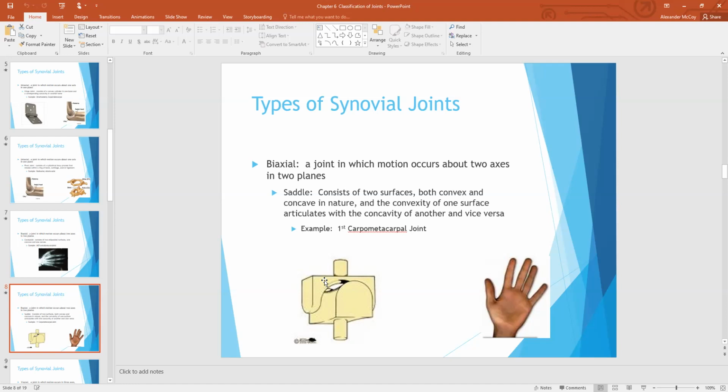As you put that saddle on your horse, your saddle is going to have a curve that's forward and back, and then a curve that is going up and over the horse side to side, and vice versa with the horse. So if you can visualize that horse and saddle, that is basically what is happening within your thumb joint. And that's what causes you to have so much range of motion in your thumb compared to all of the other joints in your hand.